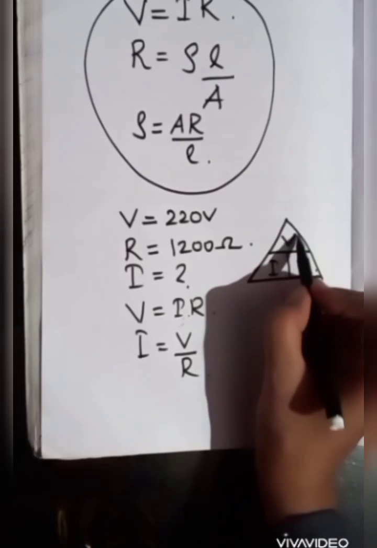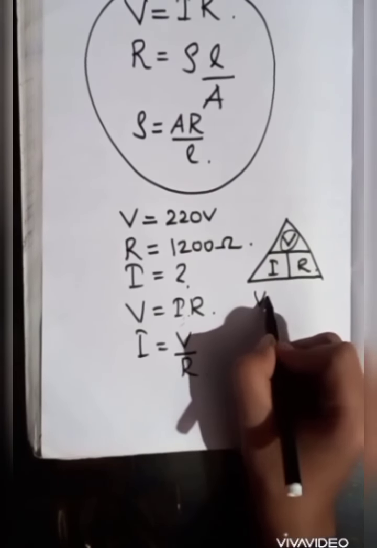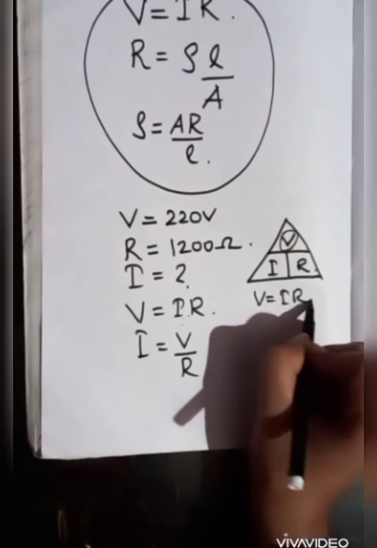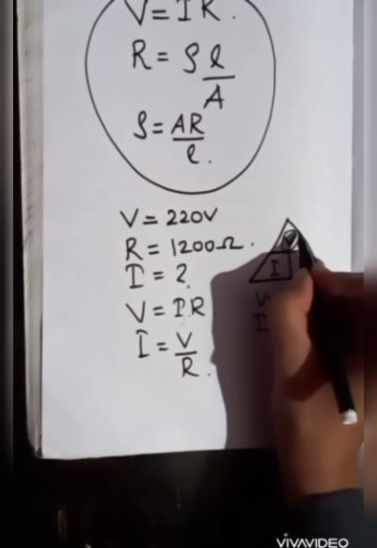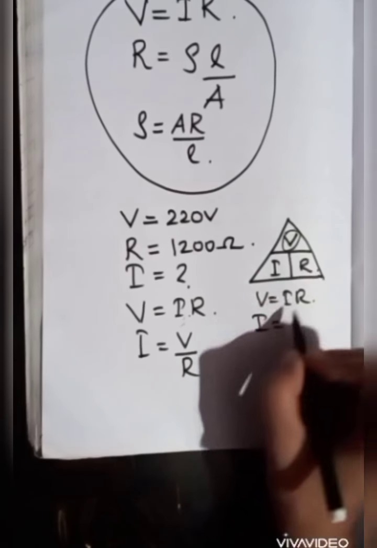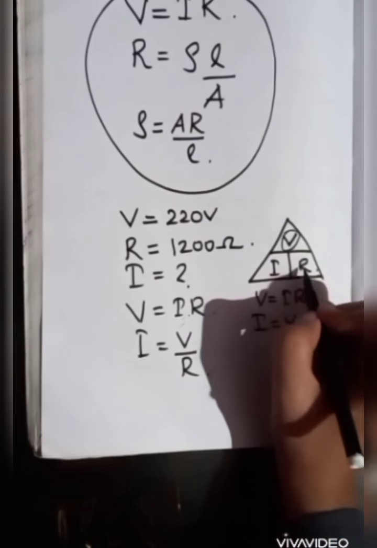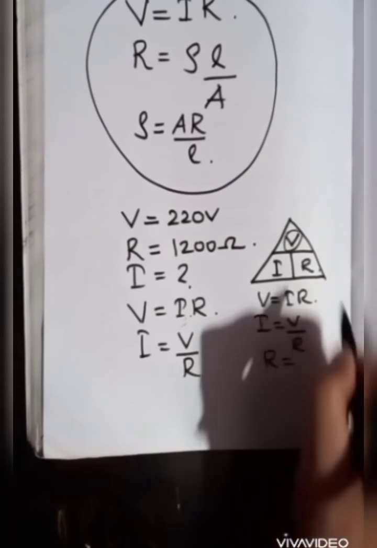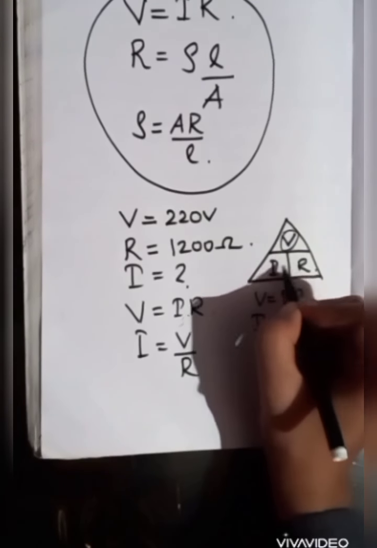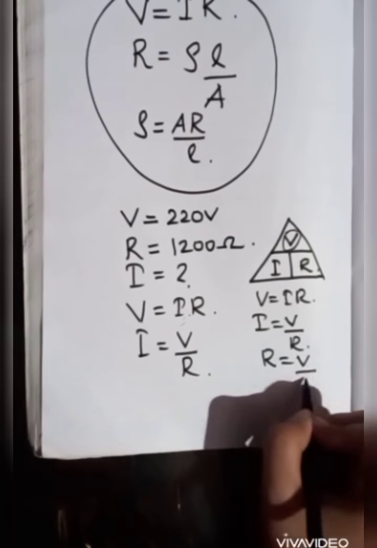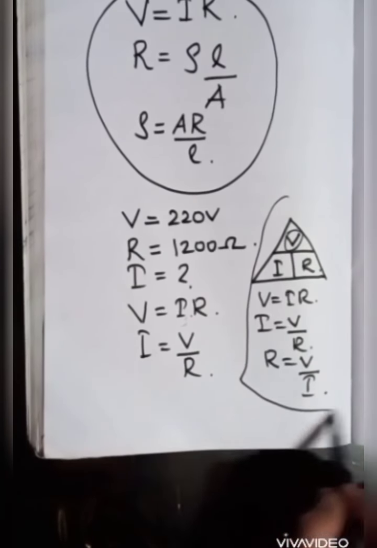From this we can calculate V. V is equal to I into R. I is equal to V by R. Then R is equal to V by I.